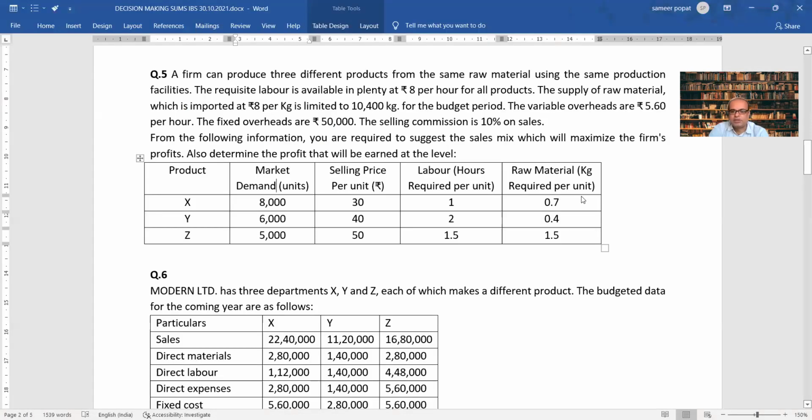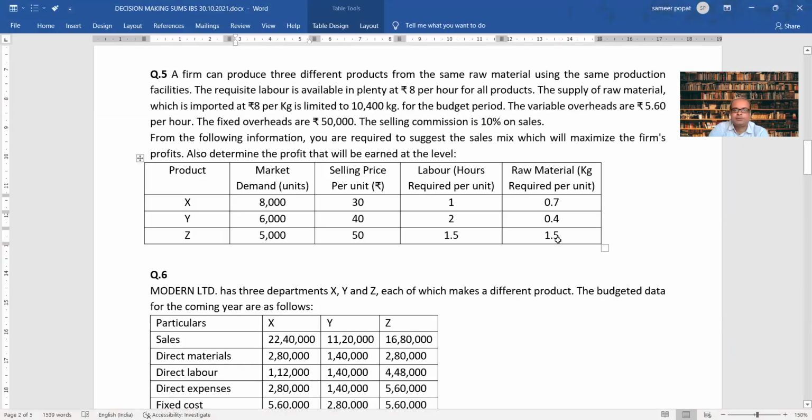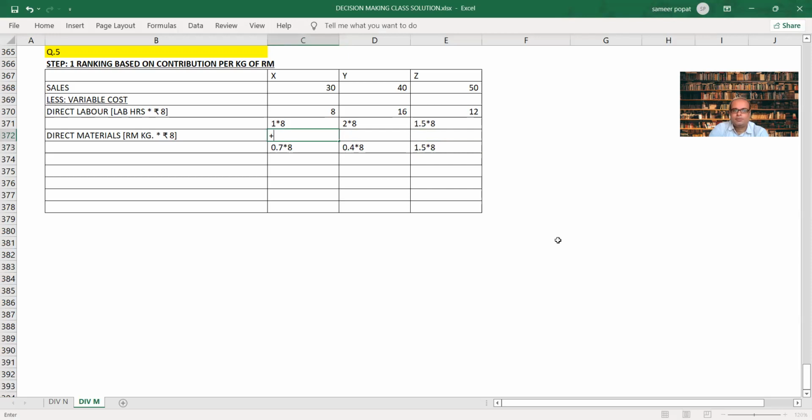So 0.7 into 8, 0.4 into 8, and 1.5 into 8. That is your direct material cost.